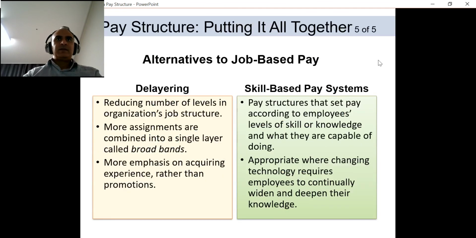Okay. So in this case, we also have alternatives to job-based pay. We have the layering. Nowadays, companies are understanding that too many layers are not good, because in the end, the people are getting more prepared to do their job. They have more skills. So in this case, it's better to remove layers and pay people more, right?